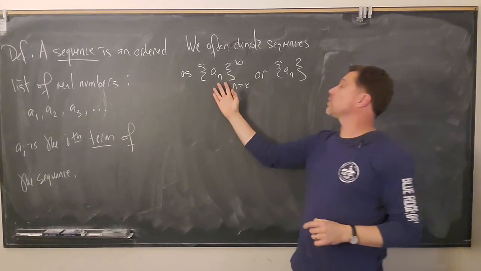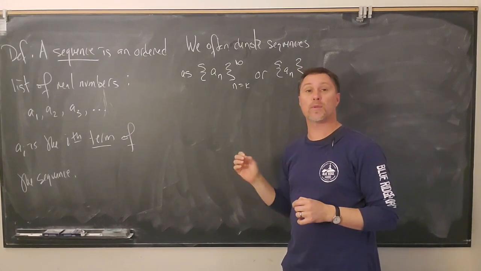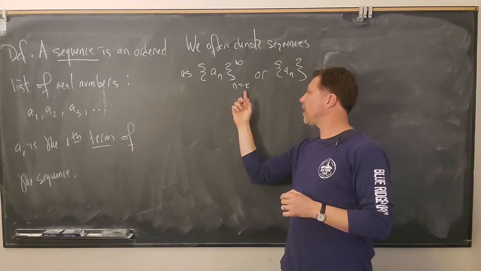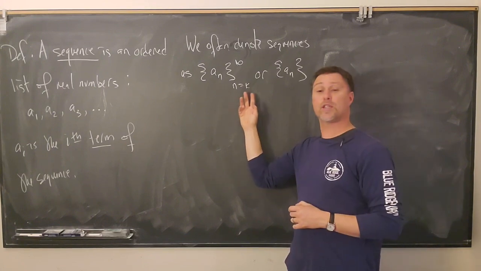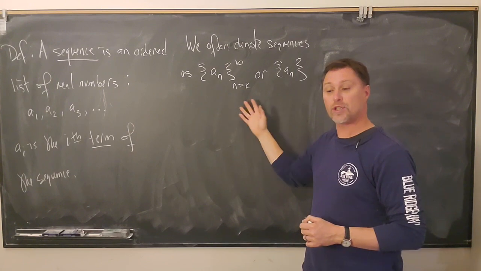So when I write this, I'm thinking about a sequence whose terms start at n equals k, so it would be A sub k, then A sub k plus 1, A sub k plus 2, and so on.